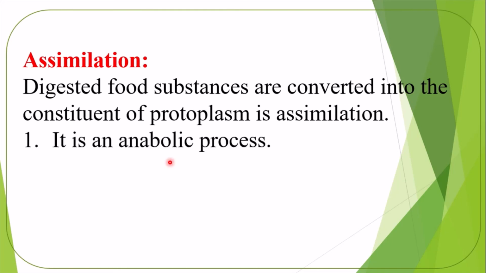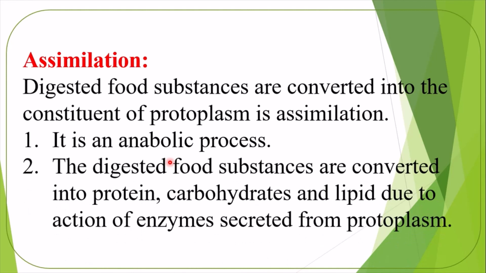It is an anabolic process. What is an anabolic process? The process which builds organs and tissues, finally helping in growth of our body, is called an anabolic process. The digested food substances are converted into protein, carbohydrates and lipid due to the action of enzymes secreted from protoplasm.